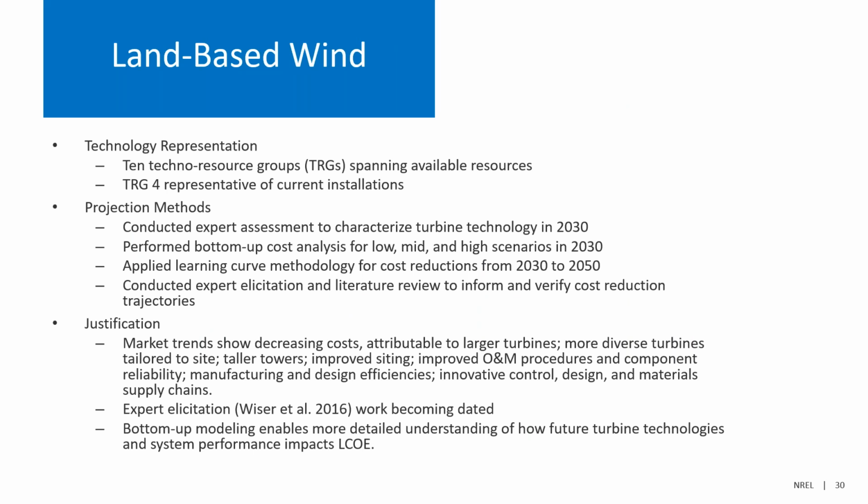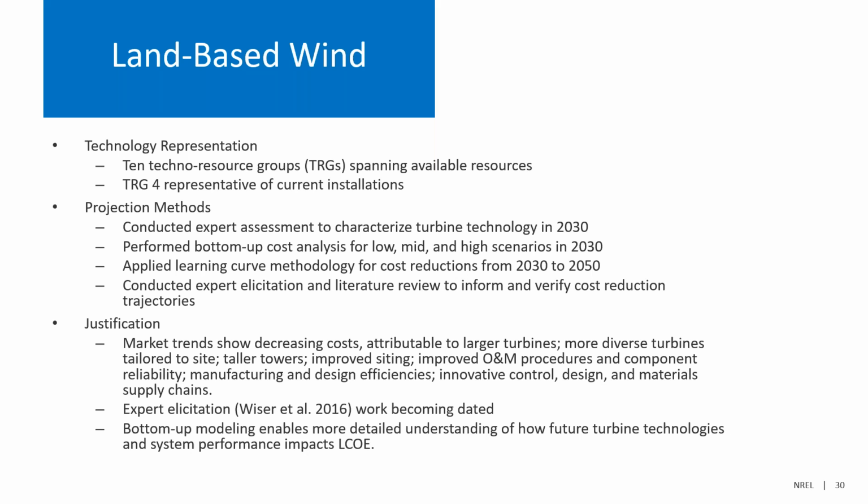Okay, so for land-based wind specifically, to get the projected cost and performance estimates from the basis year out to 2030, we carried out an expert assessment to see what turbine technologies look like in 2030. Some examples of primary turbine characteristics include plant capacity, rotor diameter, hub height, and this was done for the high innovation case or low cost, and the likely or mid case.